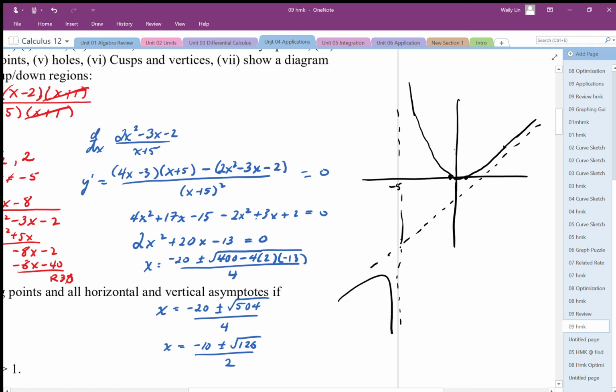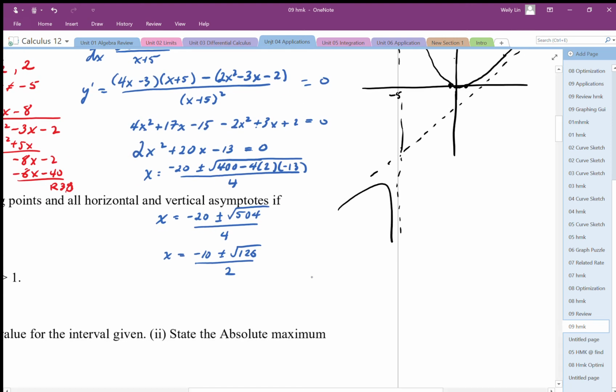Okay, so then finding the x coordinates of those max and min points, we'll do a quick slope chart here. So we have negative 10 minus root 126, over 2. Just plugging that into my calculator. Okay, so here we go.